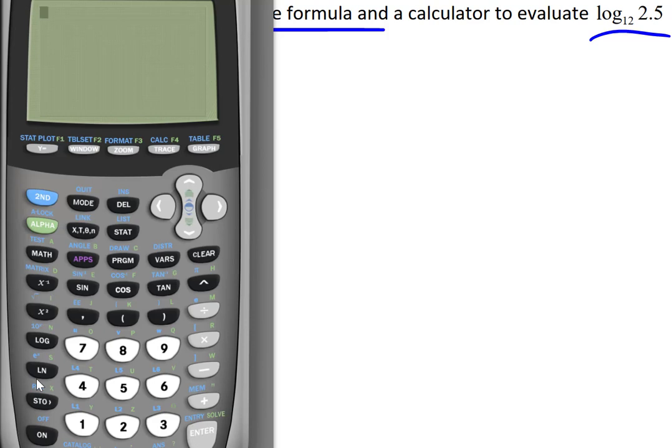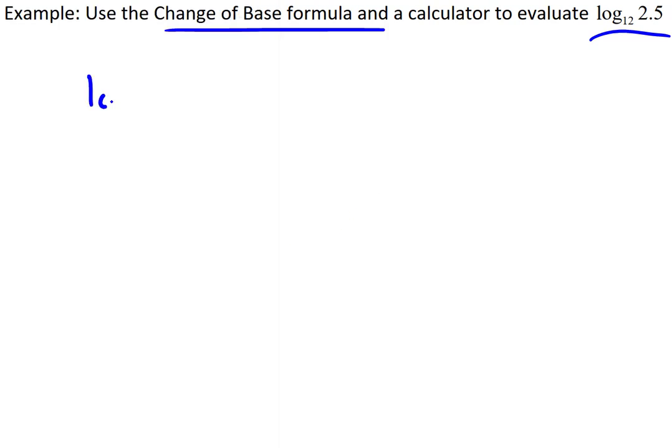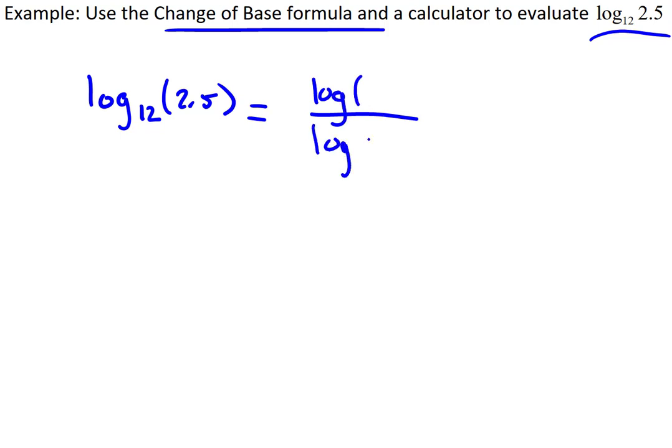So first let's attempt to use the change of base formula and compute this. Let's take our desired expression of log base 12 of 2.5, and using the change of base formula we could rewrite this using any base we'd like. Now let's choose a base that's already in the calculator. You could use just the plain log, which is log base 10, or you could use natural log, which is log base e.